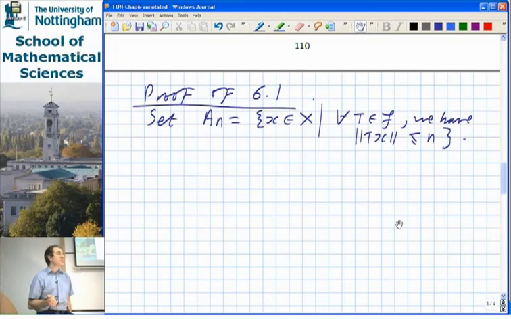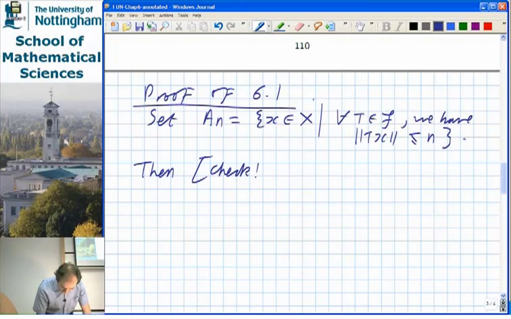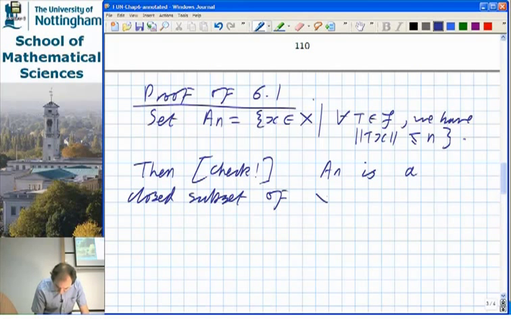So notice that's a subset of X. Then you can check the following easily. We'll take this as obvious, but you can check it. A_n is a closed subset of X, and of course n is a natural number here.